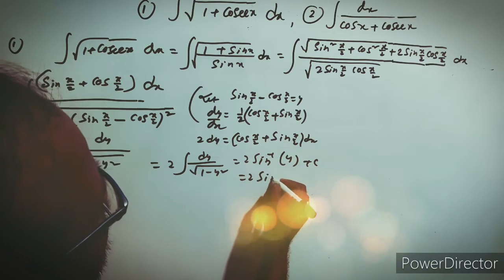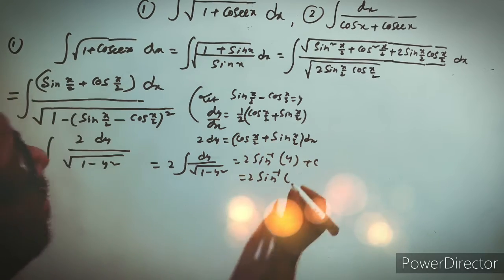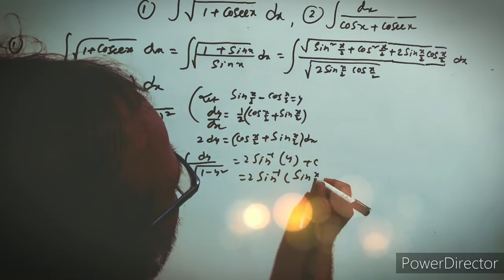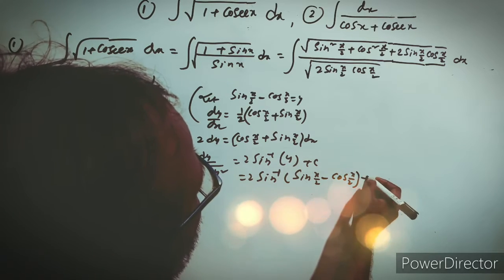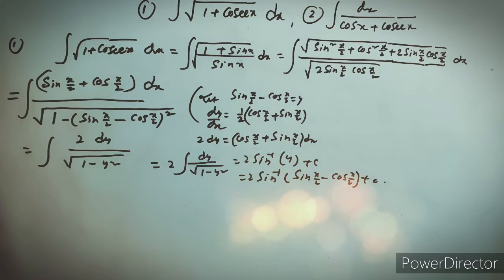Sin inverse y means sin inverse of sin x by 2 minus cos x by 2, plus c. I think this is a very interesting question, and all of you understood it better.